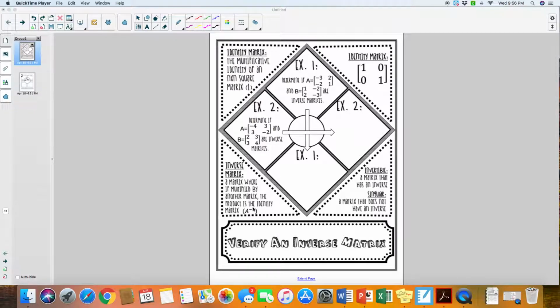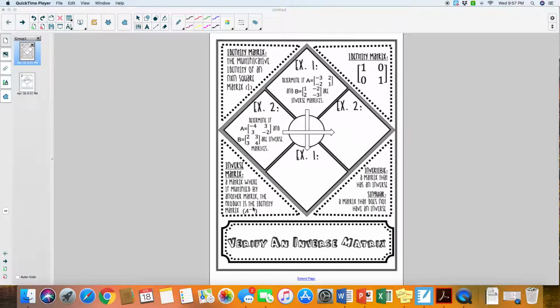So we have two more vocabulary words, invertible and singular. A matrix is said to be invertible if it does have an inverse. If the matrix does not have an inverse, then the matrix is singular. So like we just said previously, with an inverse matrix you multiply two matrices to get the identity matrix.